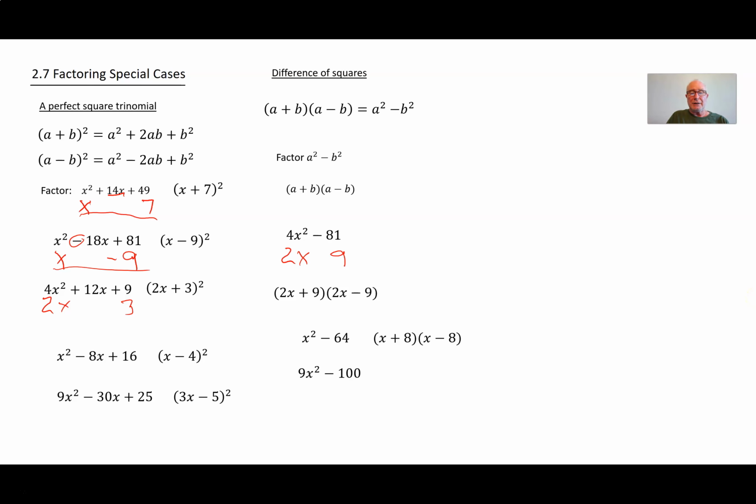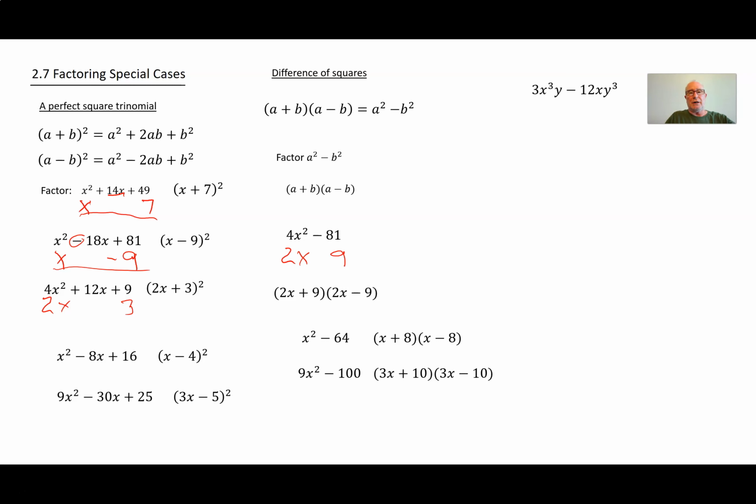9x squared minus 100. Factor that. You should quickly see those are both perfect squares. So that's (3x + 10) times (3x - 10). So the difference of squares was the easiest thing to factor. When we have a polynomial like 3x cubed y minus 12xy cubed, well, that's not the difference of squares. But what's the first thing we always look for? The common factor.